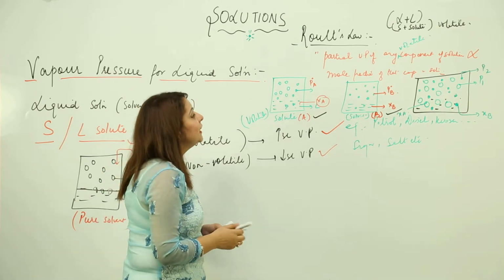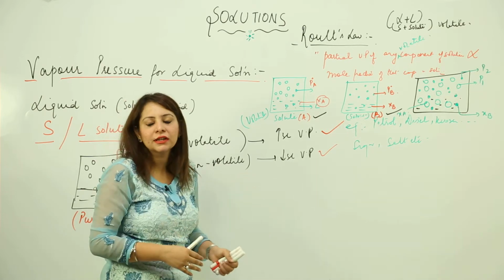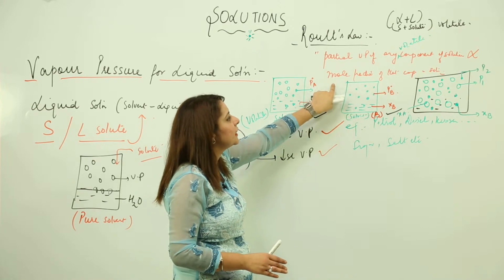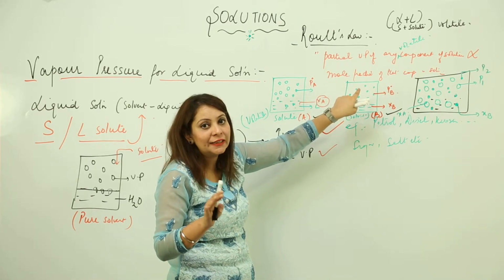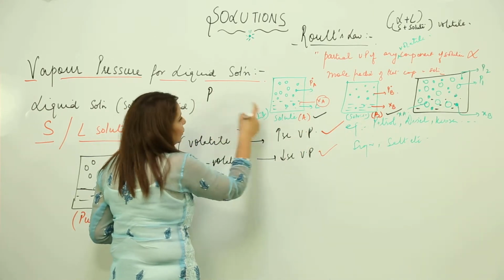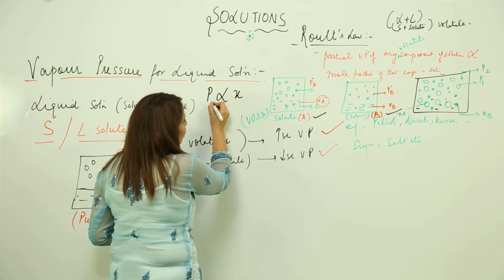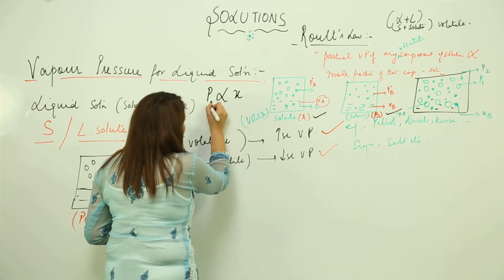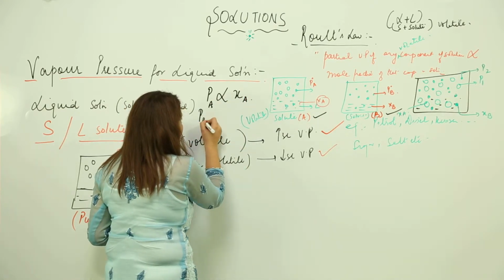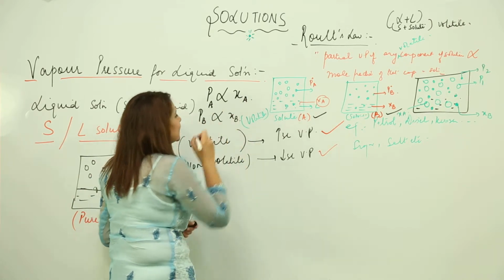It states that the partial vapor pressure of any volatile component, whether solute or solvent, is directly proportional to the mole fraction of that component. So the pressure due to solute is directly proportional to XA. Likewise, the vapor pressure PB in a solution is directly proportional to the mole fraction XB.